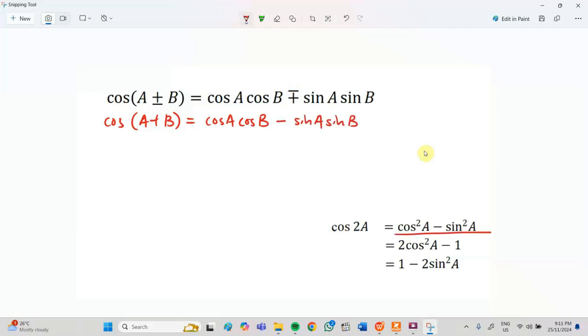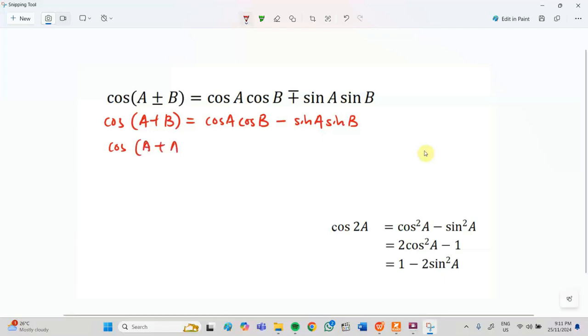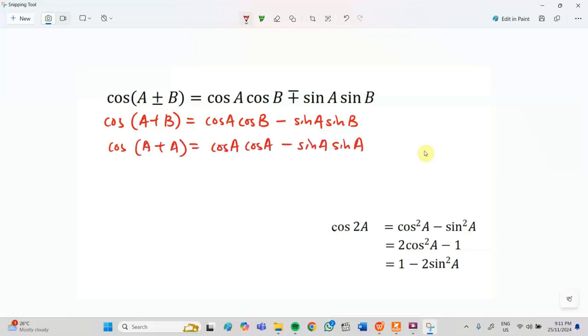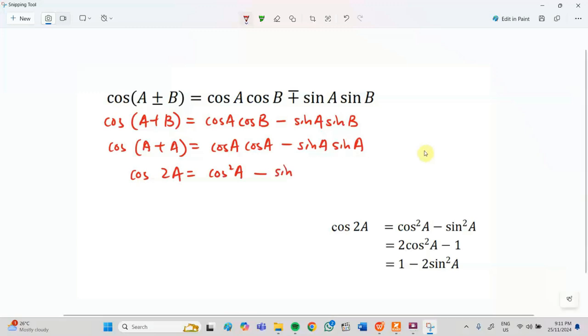So to get the first one, if we let B become A, then we will have cosine (A plus A), you get 2A, whereas cosine A times cosine A, you get cosine squared A, minus sine A times sine A, you have sine squared A, which is the first one.